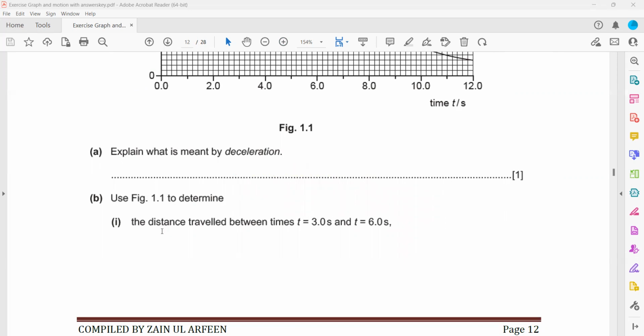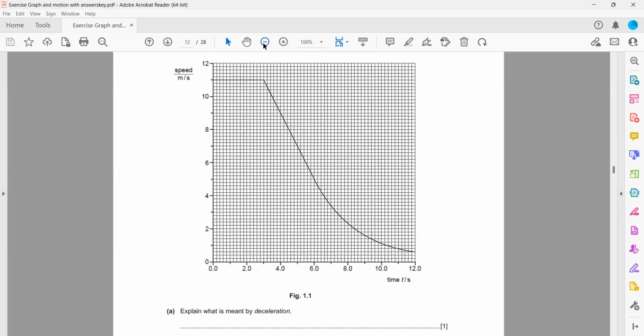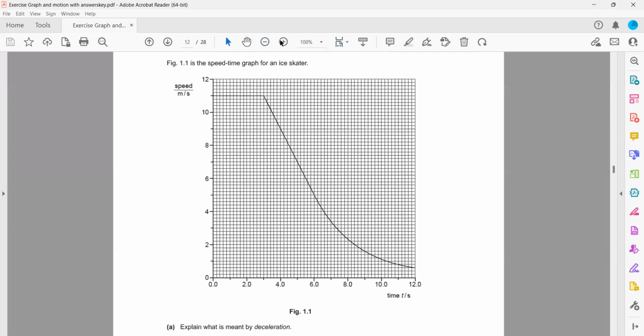Then the second part, the distance traveled between 3 seconds to 6 seconds. It's a speed time graph, so we have to take the area under the graph to work out the distance. So this is 3 to 6 seconds. From 3 seconds to 6 seconds, actually it will make two shapes.